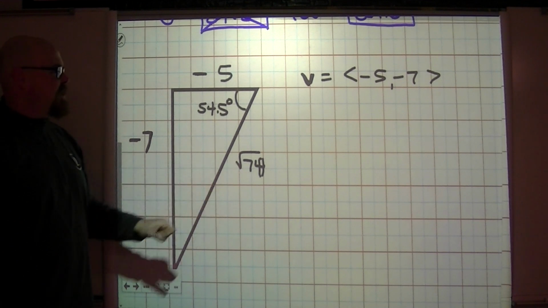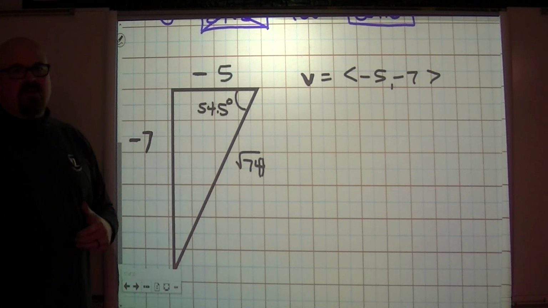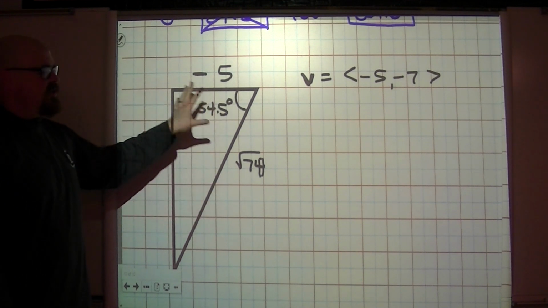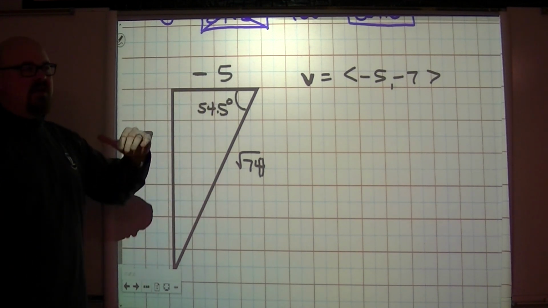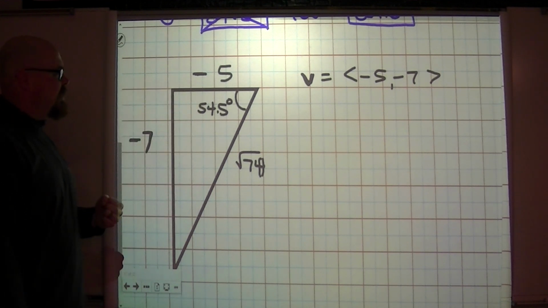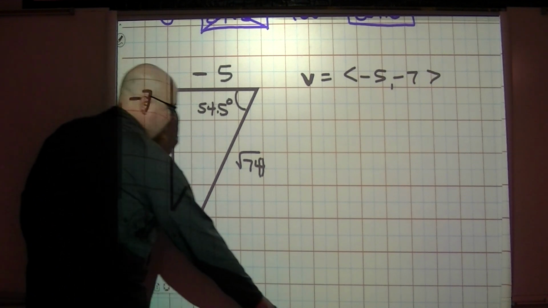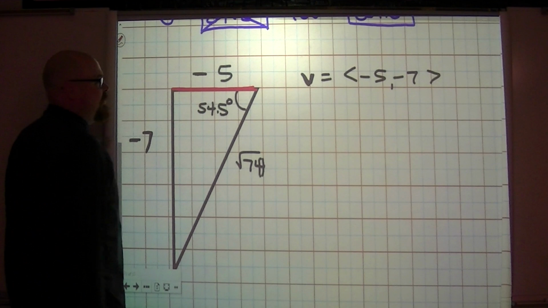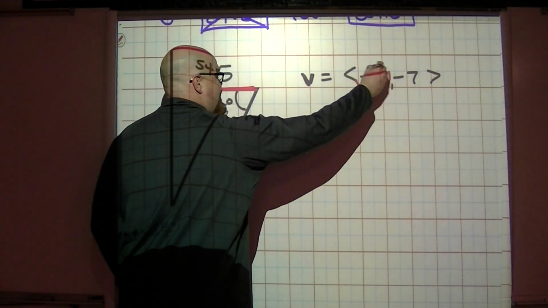The magnitude we have over here is radical 74, which is great. Now, when you look at this, we're going to take the stance of right triangle trigonometry and try to extrapolate this new format for the vector. If I want to express this distance right here, that's -5.